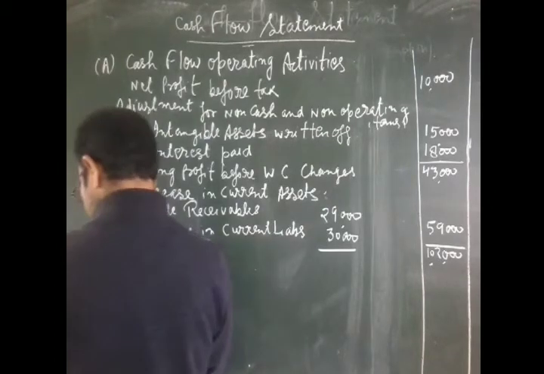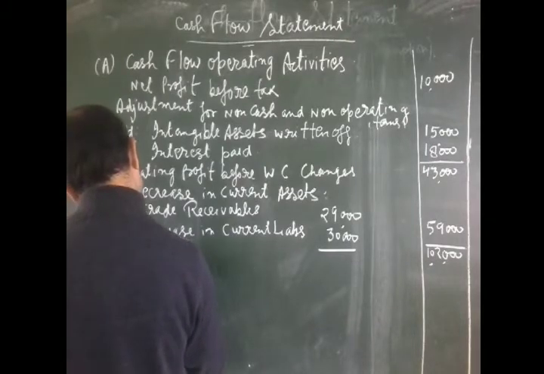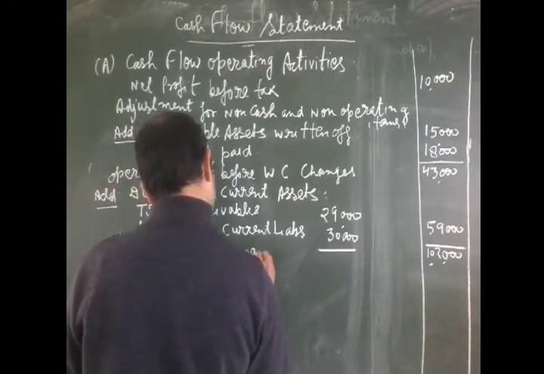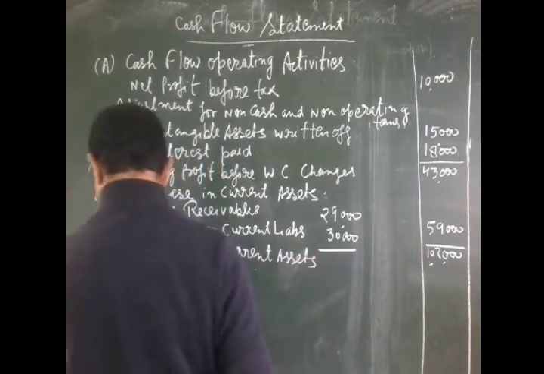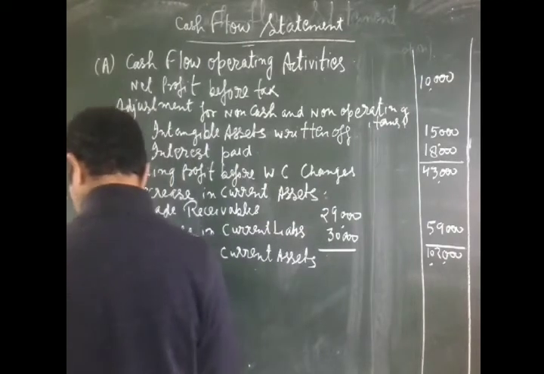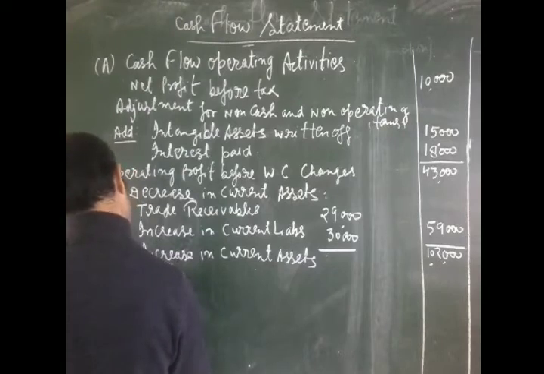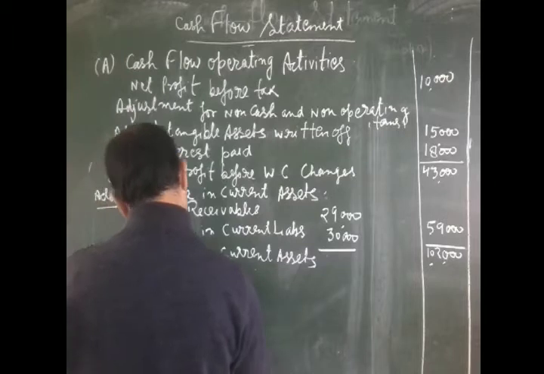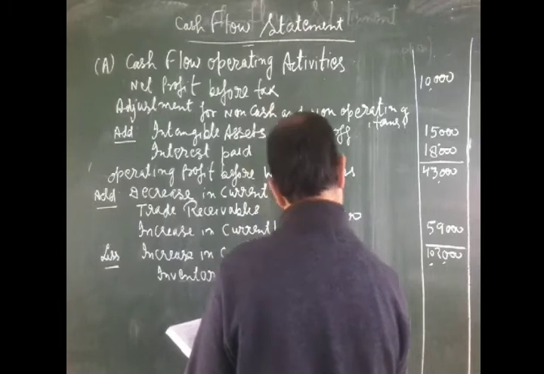Now we will deduct increase in current assets. Inventory is given and the amount will come 80,000.